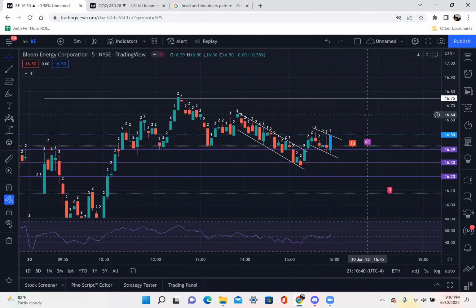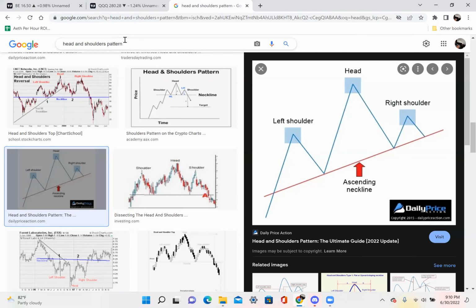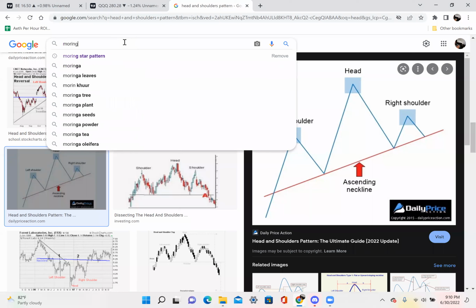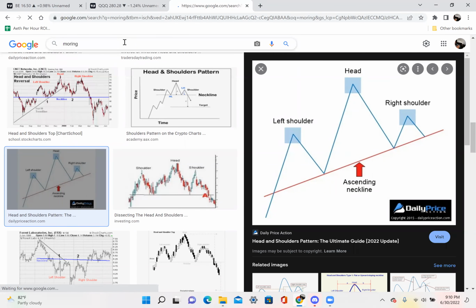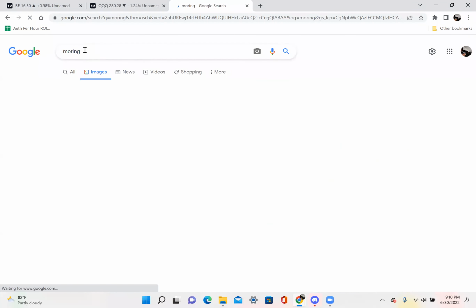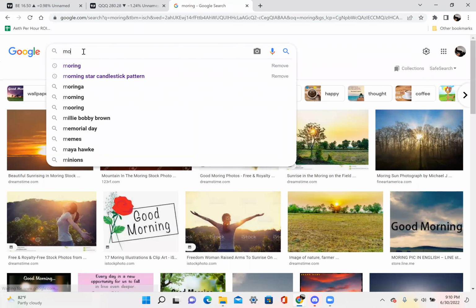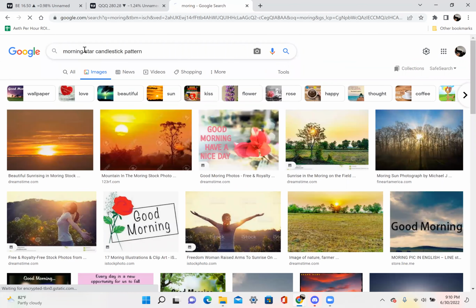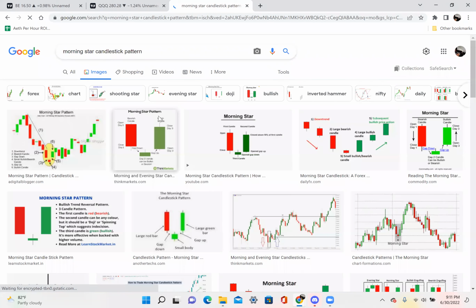If you like patterns, like I like patterns, 2, 1, 2. That is a morning star. Let me pull it up because we're talking about patterns. Oh man, I told you I can't spell. The morning star pattern is a 3-bar setup, which is the strat.